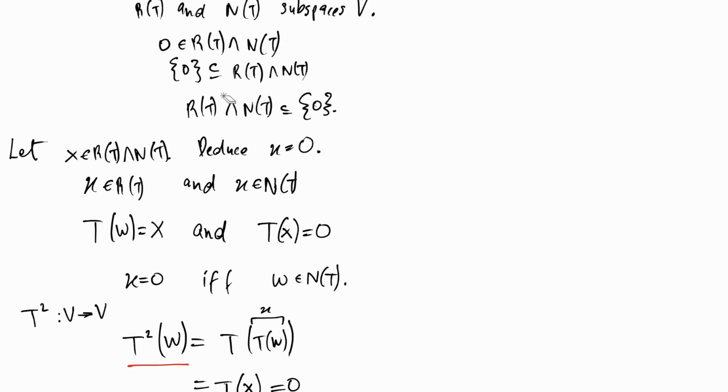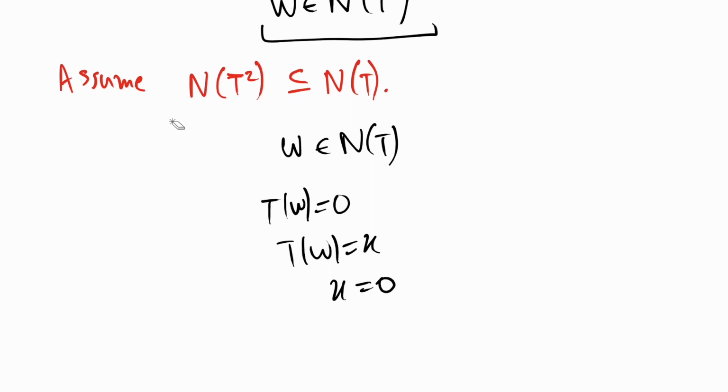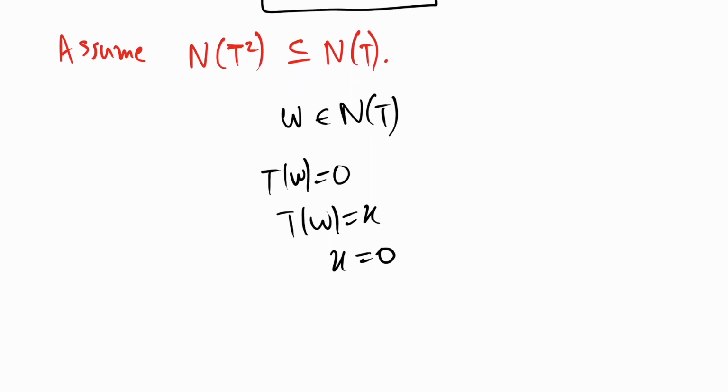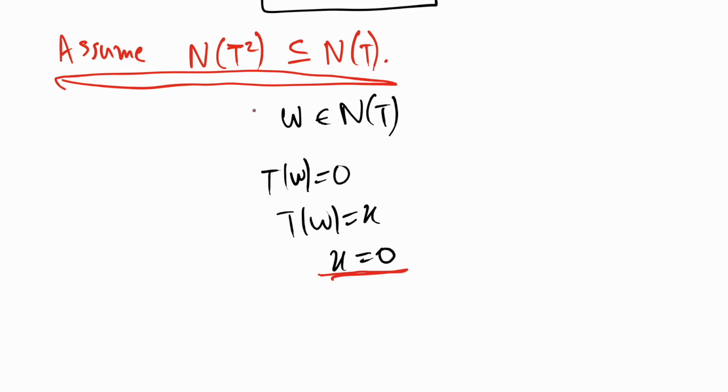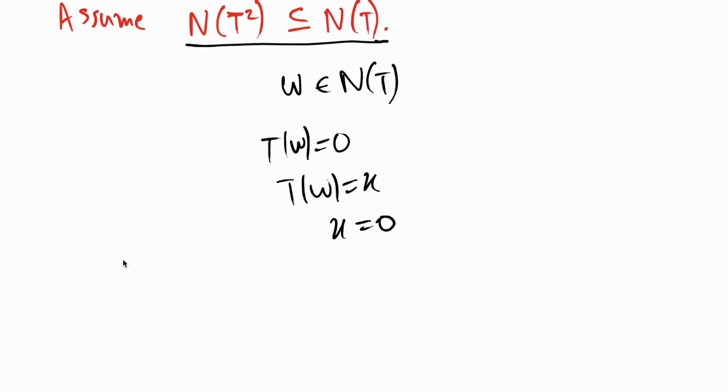The gap in this proof right now is this assumption that we made right here, that the null space of T2 is a subset of NT. Hopefully you can see how this assumption leads to the result that X is equal to 0. And since this result leads to the conclusion that we want, we can simply proceed with proving this part. In fact, we're going to prove a much stronger result.